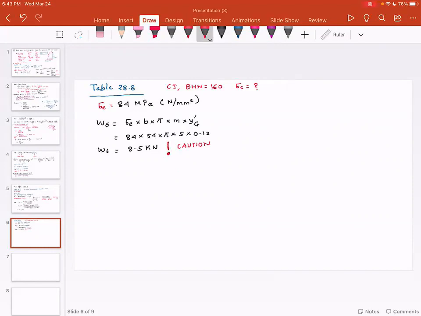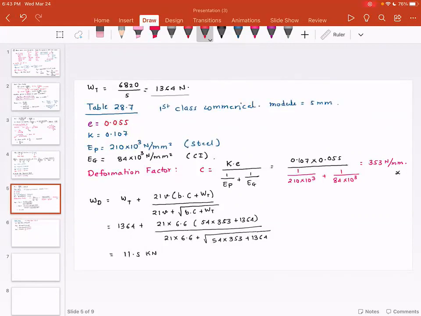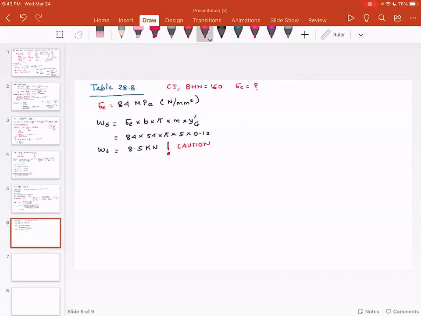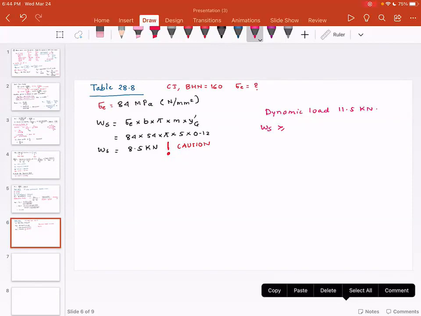Because check this out, our dynamic load is 11.5 kilonewton. For gear to be safe, WS has to be greater than WD.